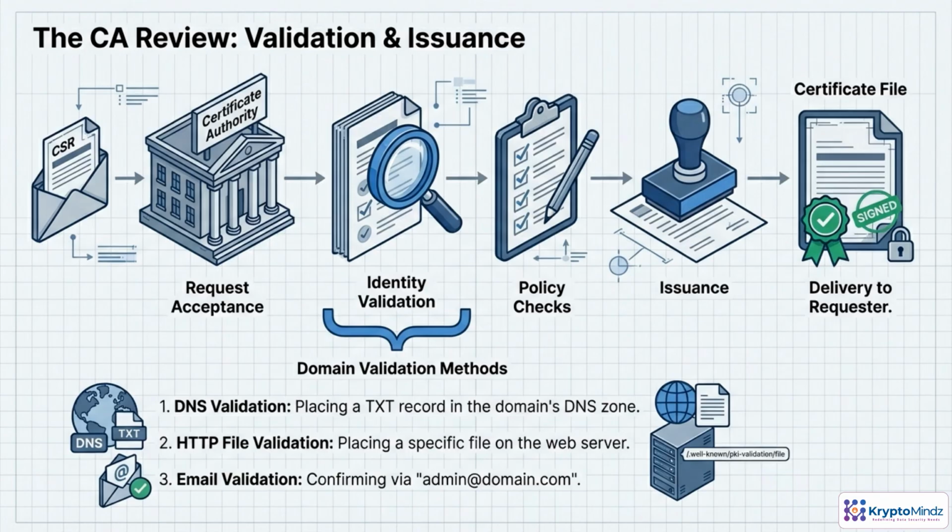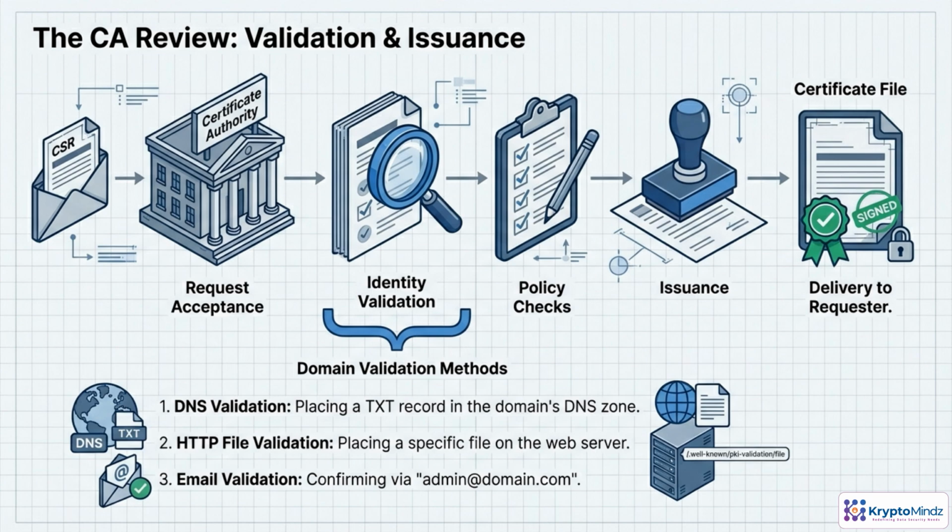When you ask for a certificate, you're really asking a certificate authority to vouch for your identity. The process begins when your system sends a certificate signing request that already contains your public key. The CA first checks that the request is well-formed and fits its policies. Next comes identity validation.